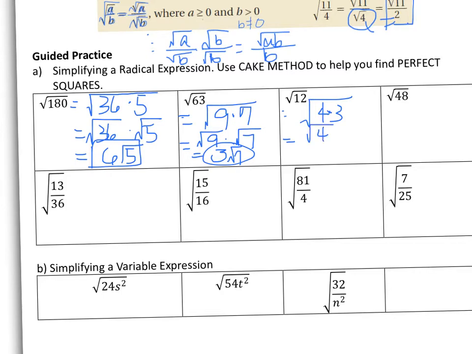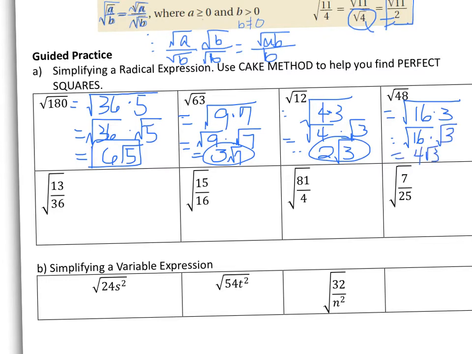Radical 4 times radical 3 goes 2 root 3. 48. We're going to have 16 times 3. See, my goal is to look for perfect factors with perfect squares. 4 root 3. And here, split the numerator and the denominator up.